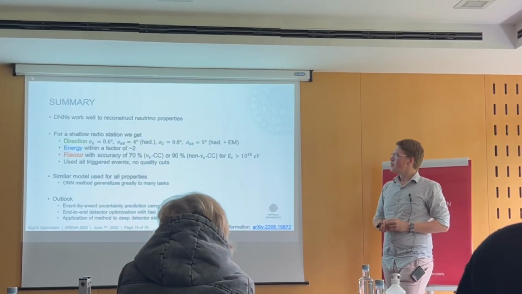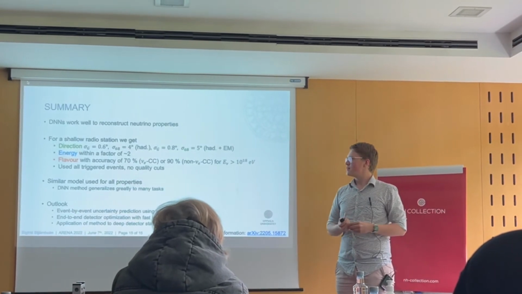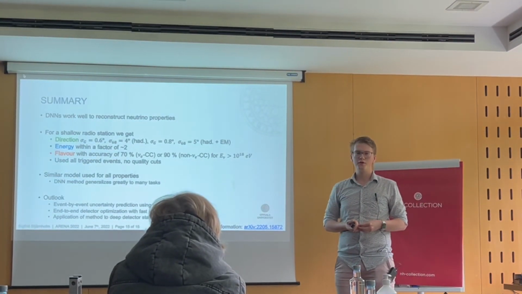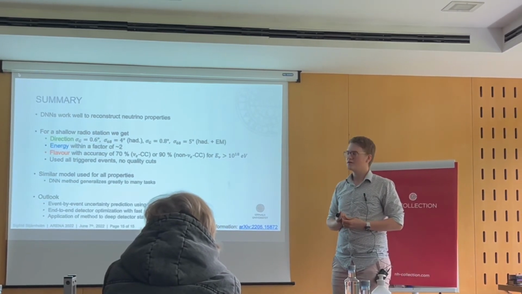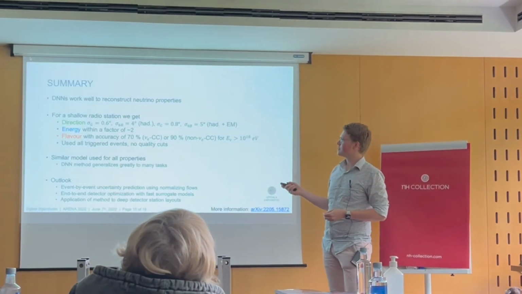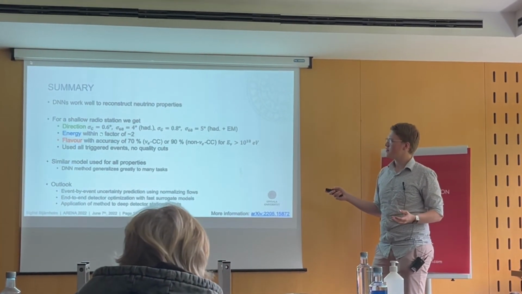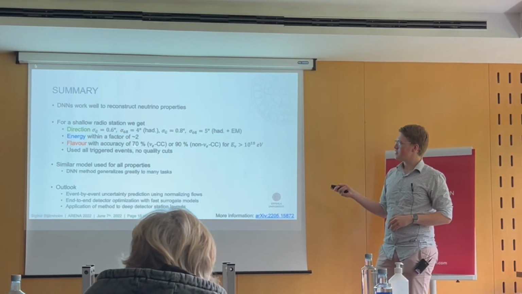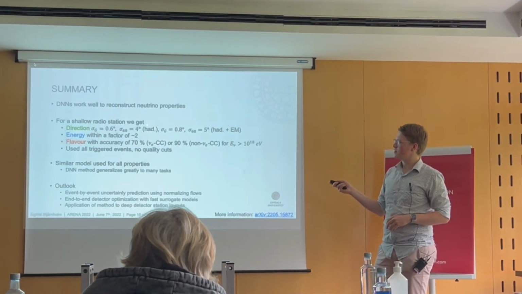Right. So as a summary, we see that deep neural networks work really well for reconstructing neutrino properties. At least they show great potential, we think. For a shallow radio station, we get the direction with a theta Gaussian part of 0.6 degrees, and a 68% quantile of roughly 4 degrees, at least for the hadronic events.